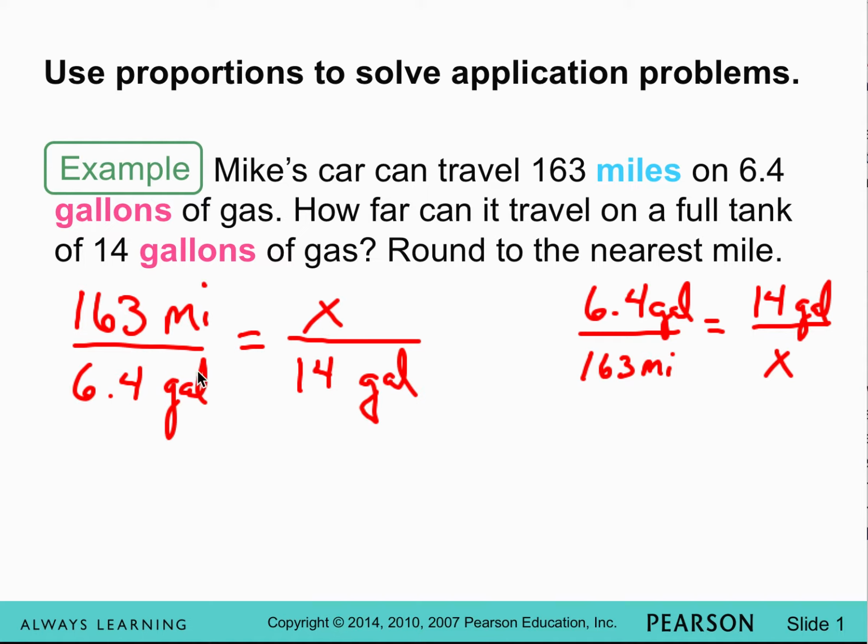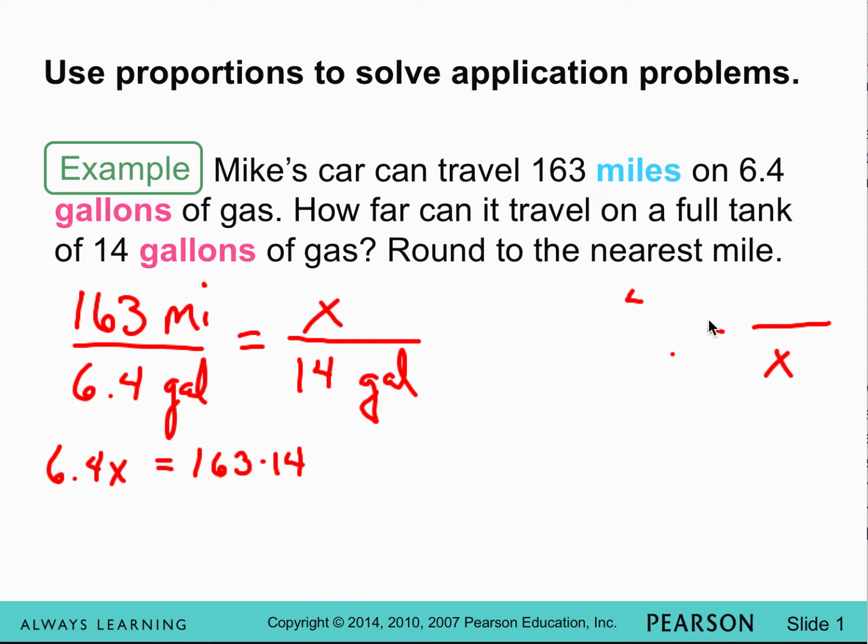Now I'm going to solve it using cross multiplication. 6.4x needs to equal 163 times 14. Because I've got a decimal here, it really doesn't help me much to do that shortcut we talked about last time. So I'm going to go ahead and multiply out this 163 times 14, because I'm going to have to divide that number by a decimal.